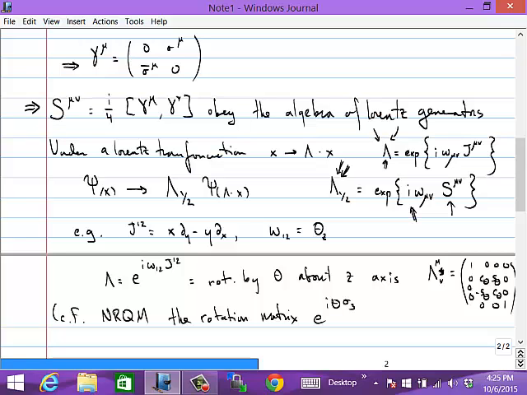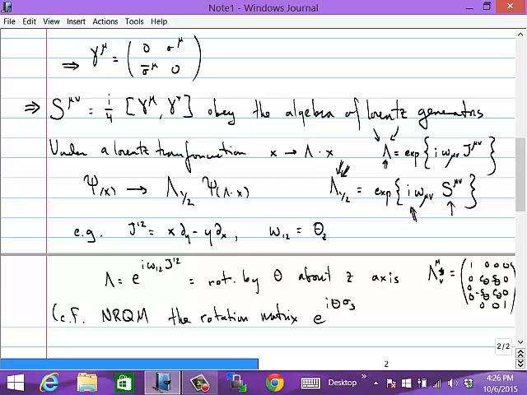So in my head I'm sort of using two different ways of thinking about the J mu nus. You can either think about them as differential operators, or you could think about them as infinitesimal 4x4 matrices.